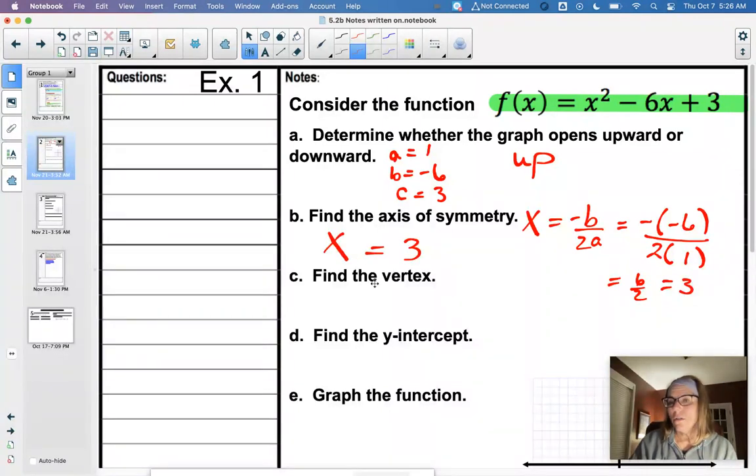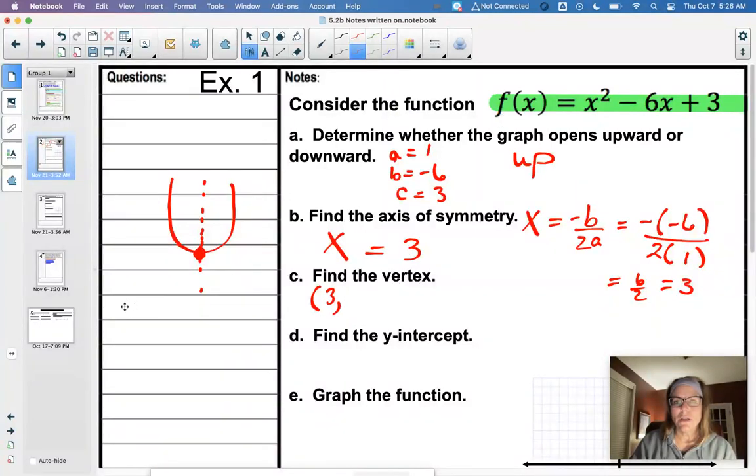Recall that the axis of symmetry is a line that cuts the parabola right in half, and it goes right through the vertex. So that means the x value of the vertex is the axis of symmetry. To find the y value, I'm going to plug that into the function.